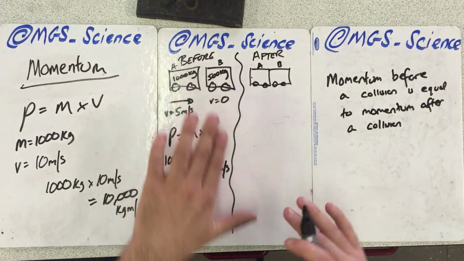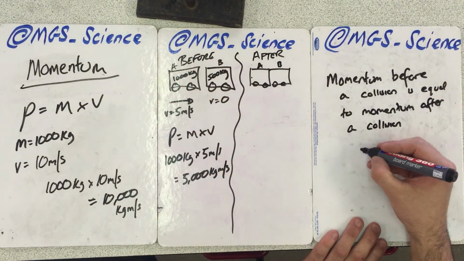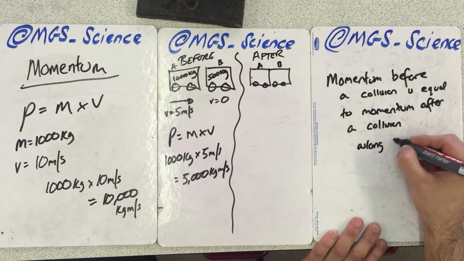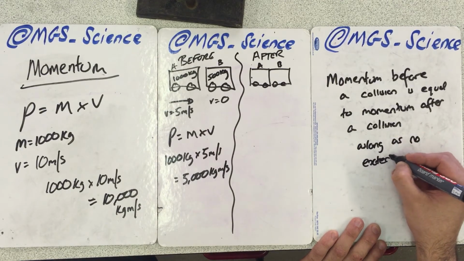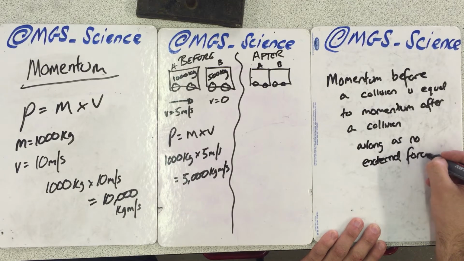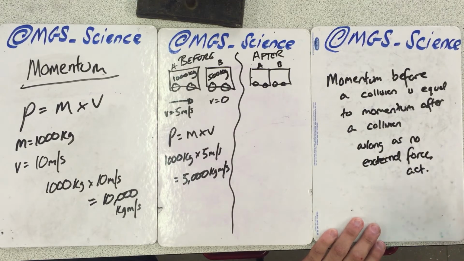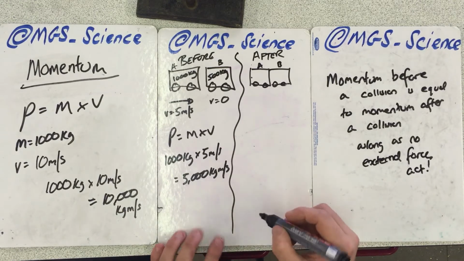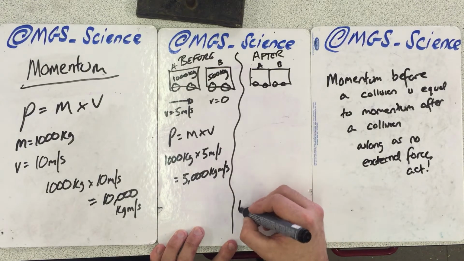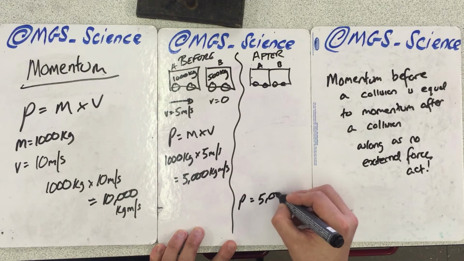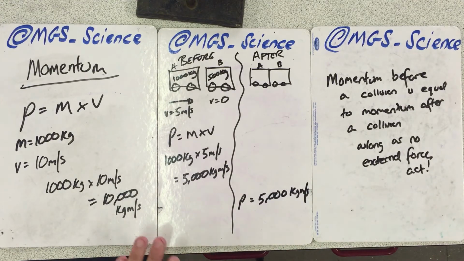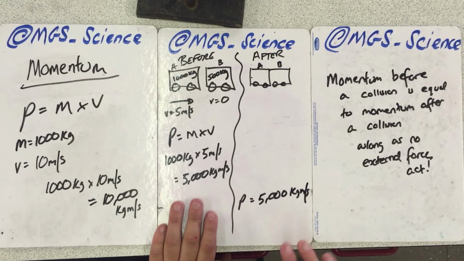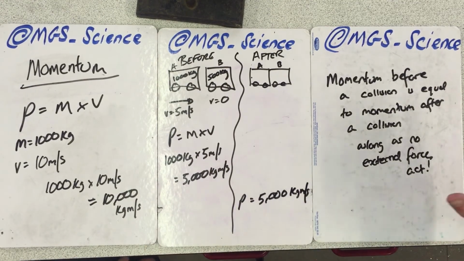So whatever the momentum is before is equal to the momentum afterwards, as long as no external forces act. Okay, so that means we can say that this side has a momentum of 5,000 kilogram meters per second also, because whatever before must be equal to whatever after, hence the conservation of momentum.